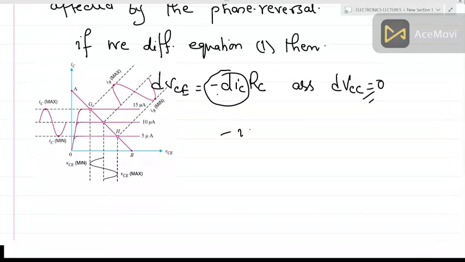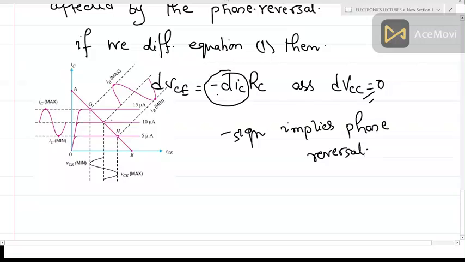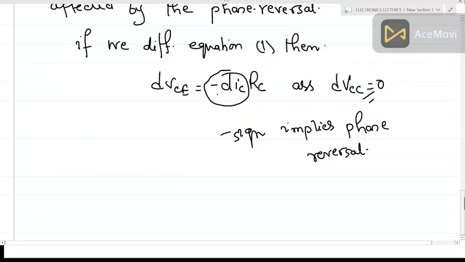So any change in the collector output voltage is negative, and this negative sign implies phase reversal. This is called phase reversal.